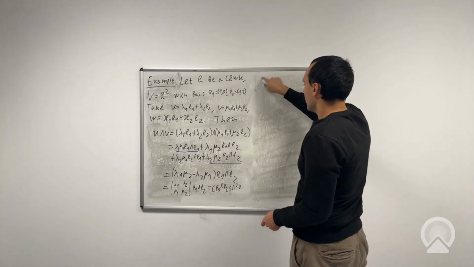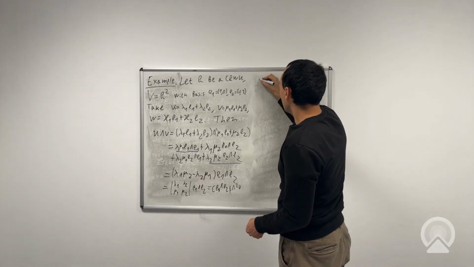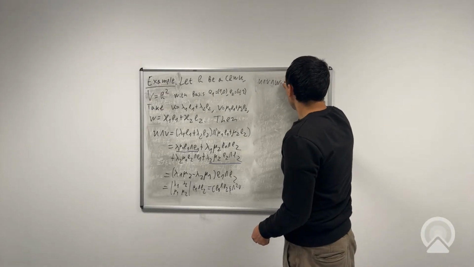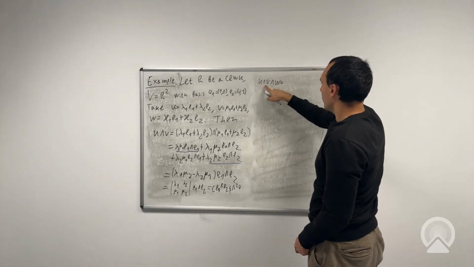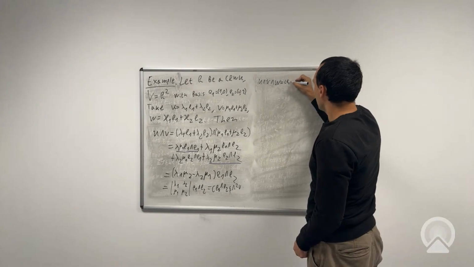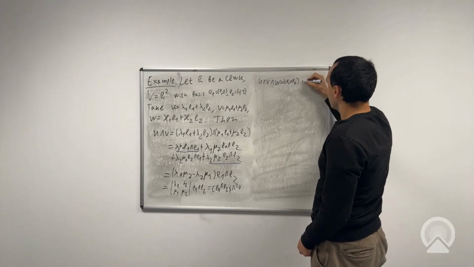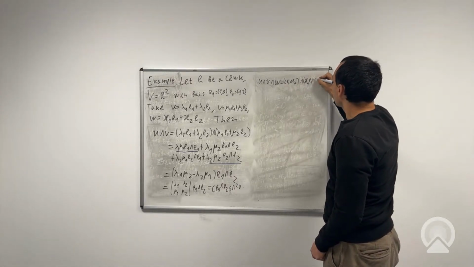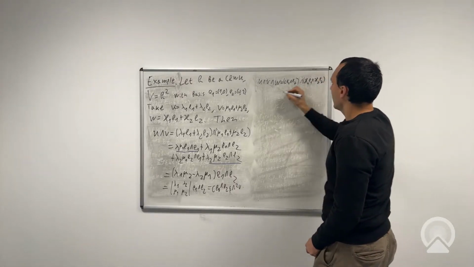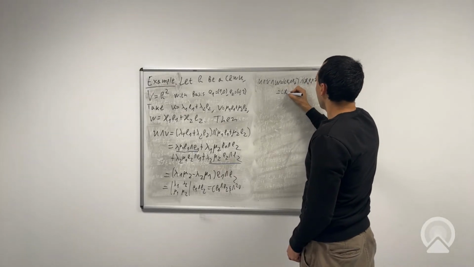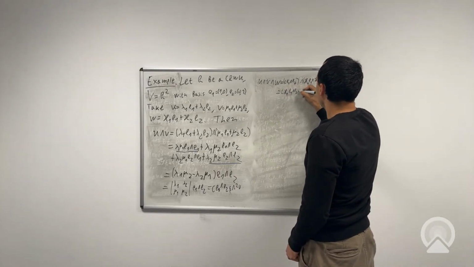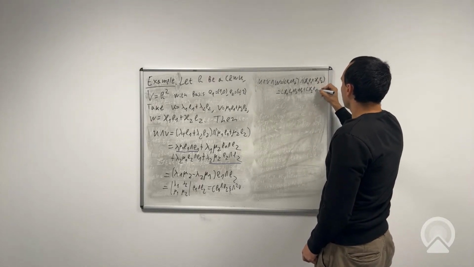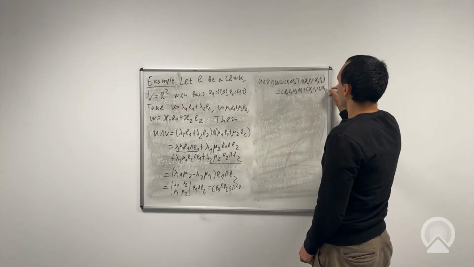So let's check this. So u wedge v wedge w, we already computed u wedge v. So this is C e1 wedge e2. This is the first part, and w is kappa 1 e1 plus kappa 2 e2, and this is C kappa 1 e1 wedge e2 wedge e1 plus C kappa 2 e1 wedge e2 wedge e2.